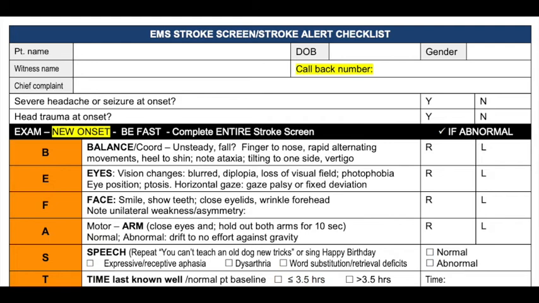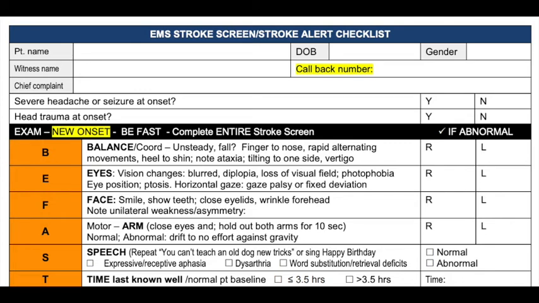I've never had a patient sing happy birthday, but I do ask them to repeat certain phrases for me to help me assess their slurring. I've had patients where slurring might be normal for them, so if there's family there, it's important that we ask these questions for any of these assessments to determine if this is new or if this is a normal thing for them.